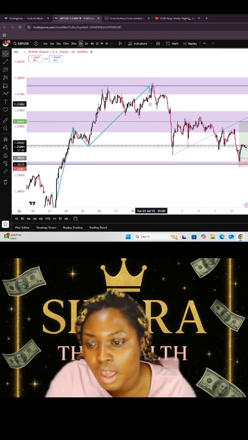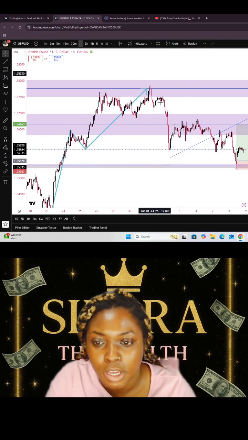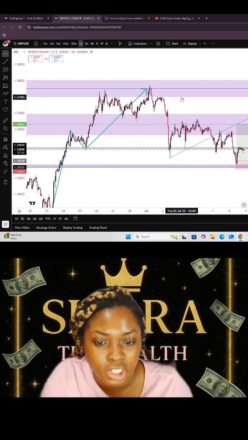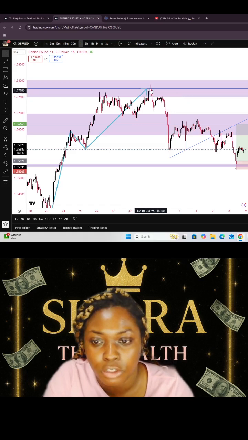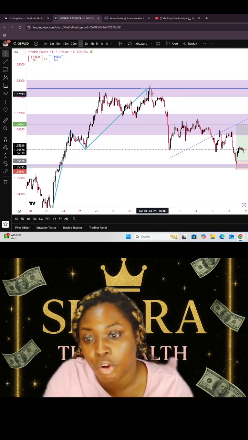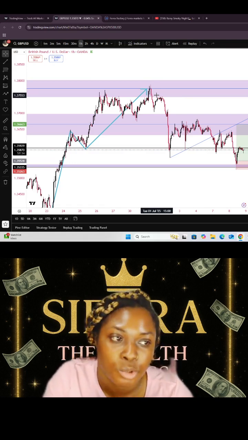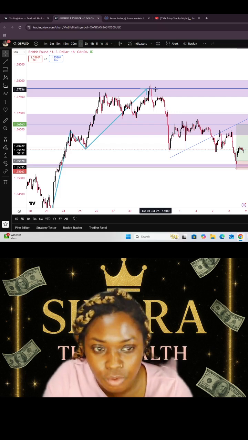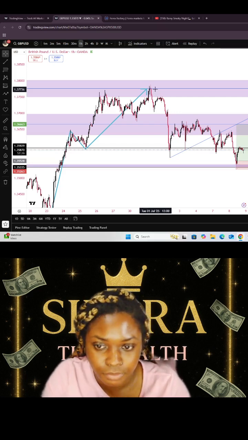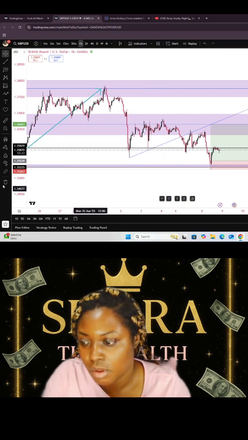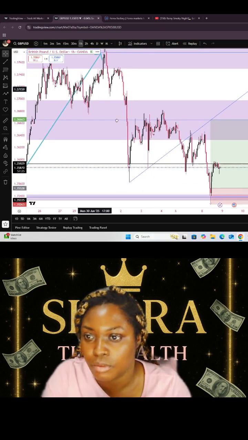Now, at this zone, I was looking for reaction. Okay. Price was either going to trade through the zone or it's going to reject the zone. Those are your only options when price comes to a zone. It's either going to continue or it's going to reverse. All right. So price came to my zone.